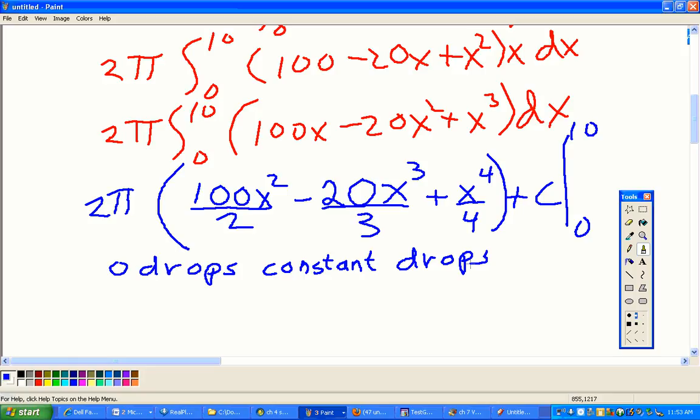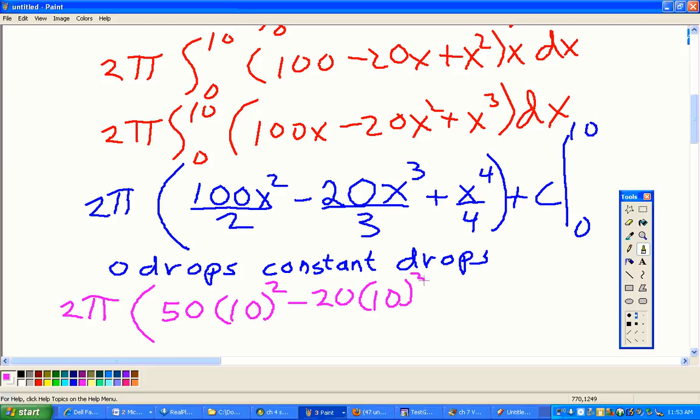Putting in numbers, it begins to look like that.